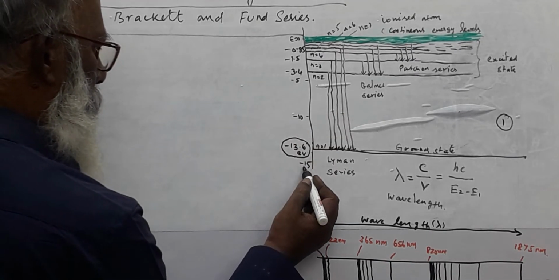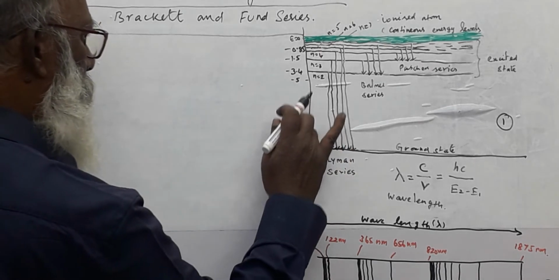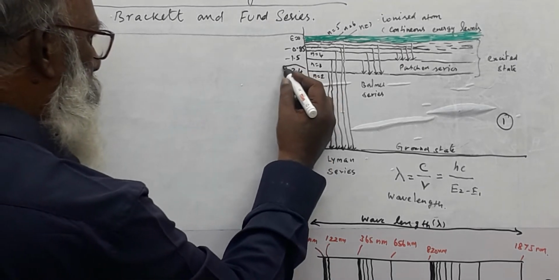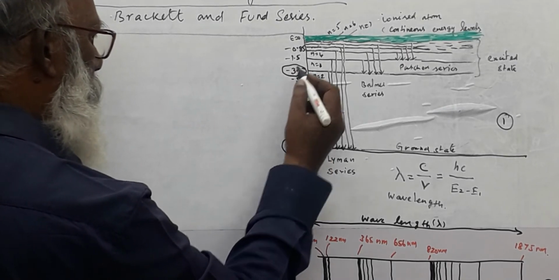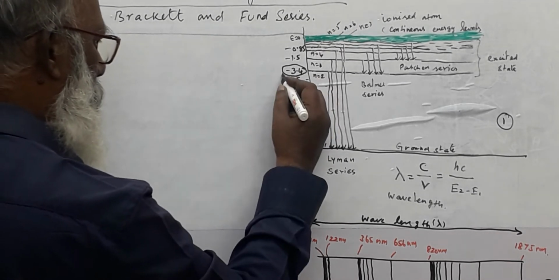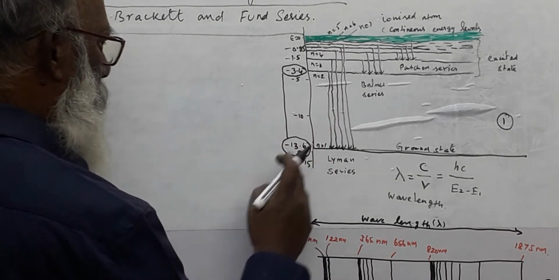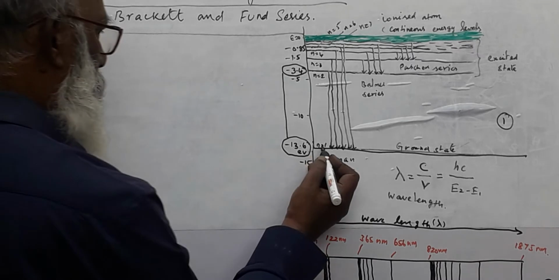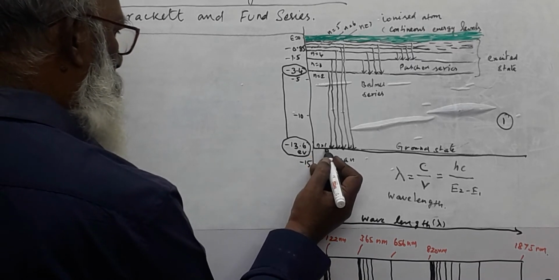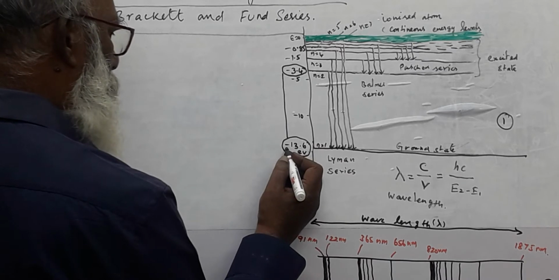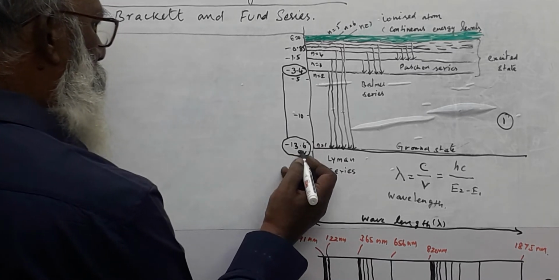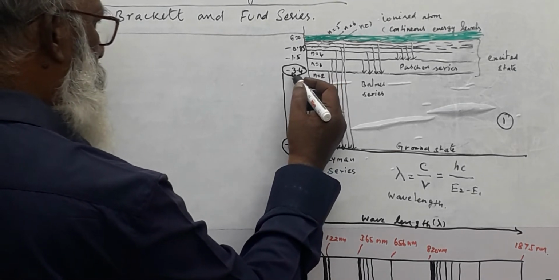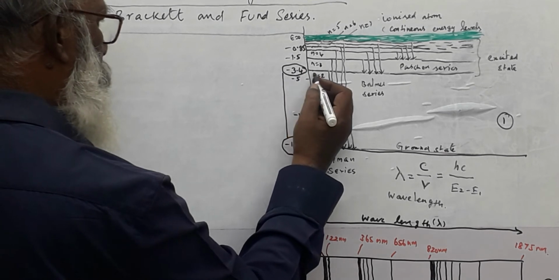Within the interval of minus 3.4 electron volt and minus 13.6 electron volt, there are two orbits. One is n equal to 1, the first orbit, whose energy level equals minus 13.6 electron volt. In the second orbit, the energy of the electron is minus 3.4 electron volt.